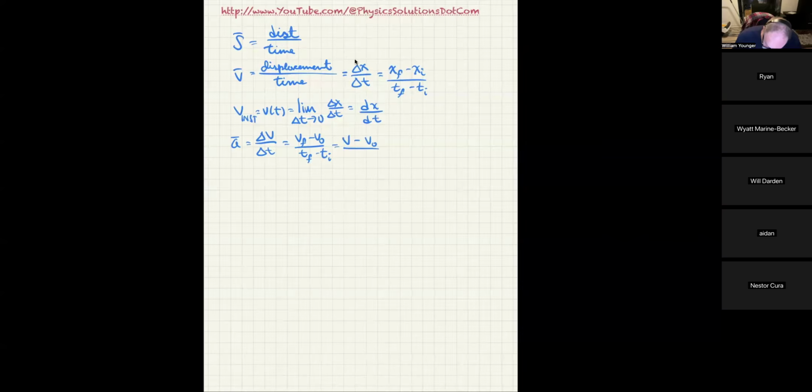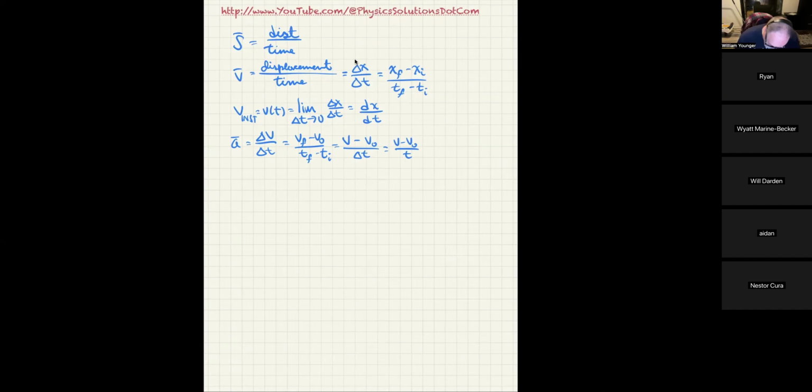We could also write this over just plain t or delta t or t final minus t initial, but I'm going to put it like this. And just one more way, v minus v0 over t is another way we could write it. And I'm making a bigger point that you're going to see in a second.